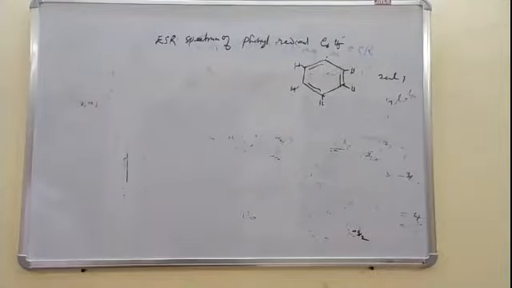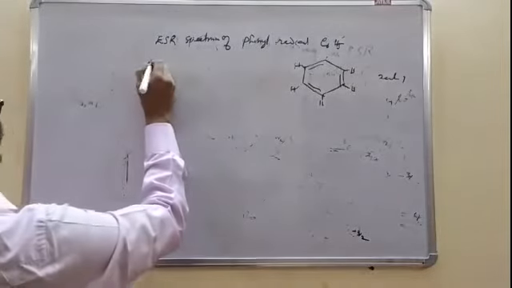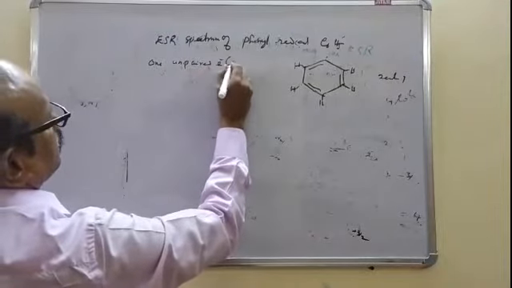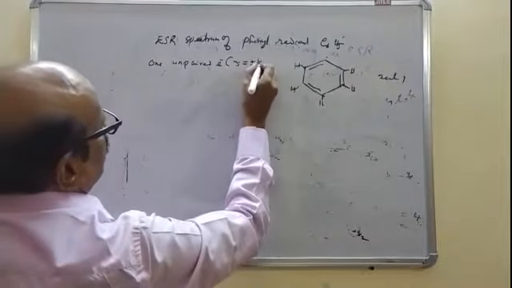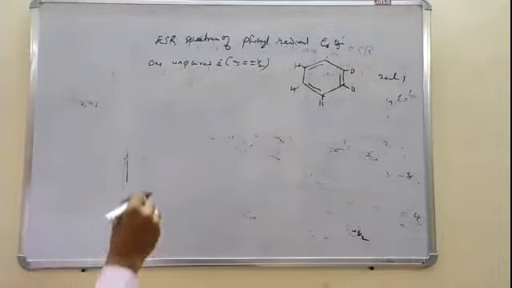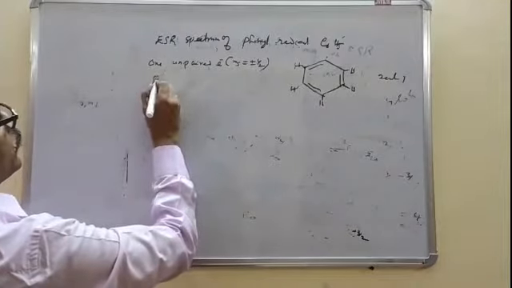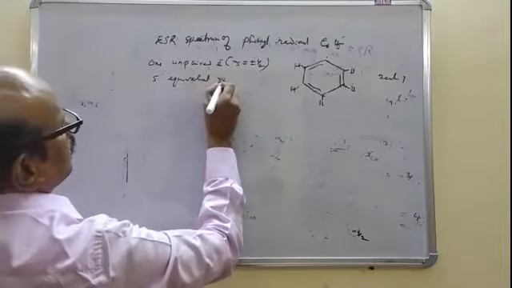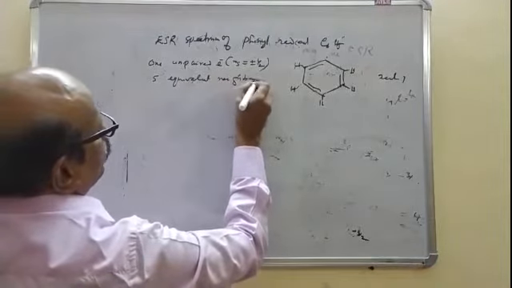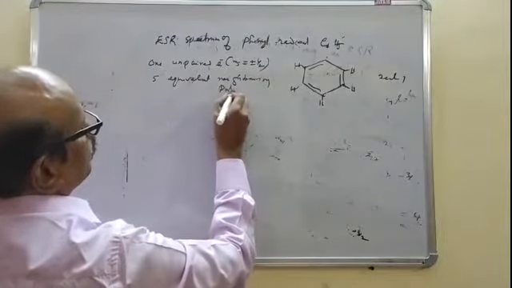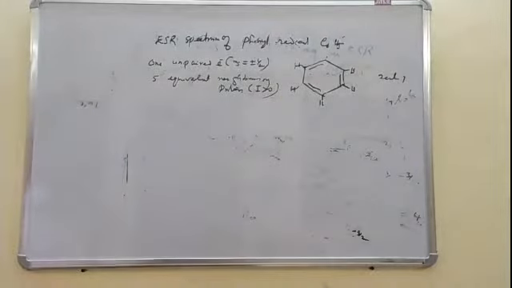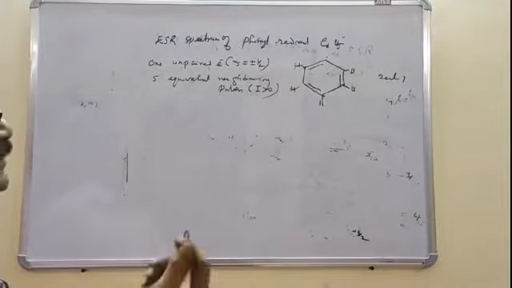This is a system containing one unpaired electron with MS equal to plus or minus half, and it consists of five equivalent neighboring protons with I greater than 0. With 5 equivalent protons, what is the MI value?